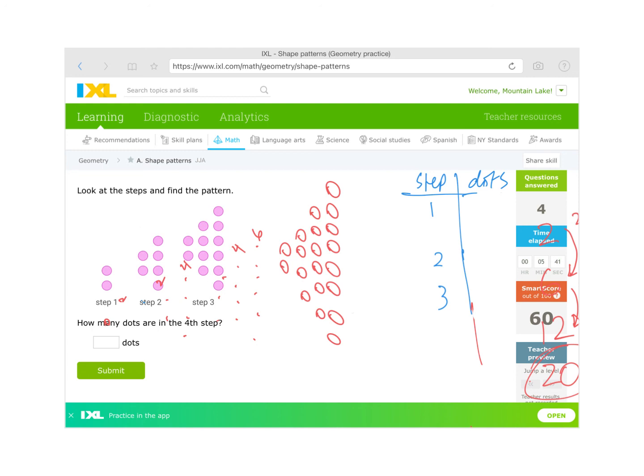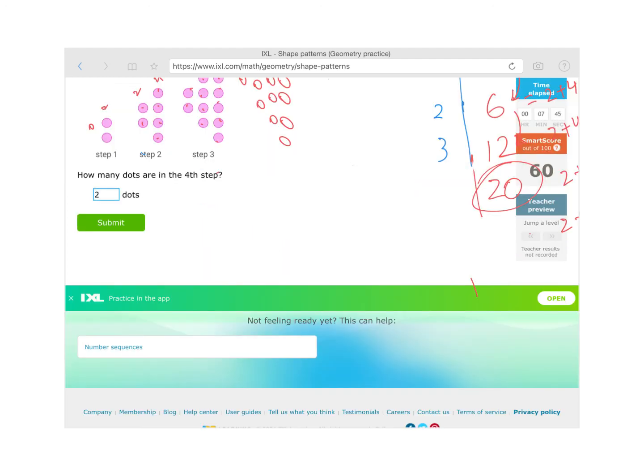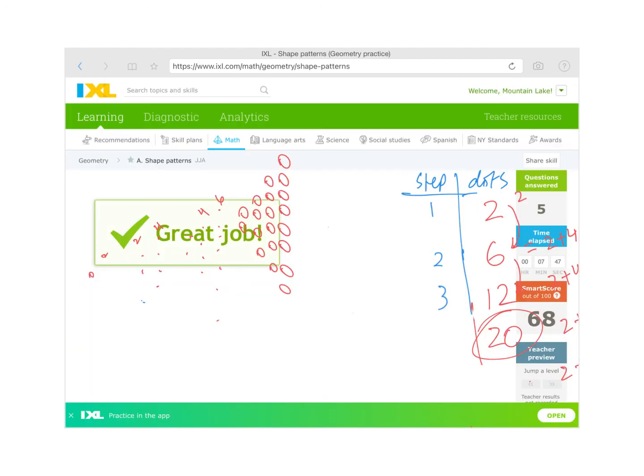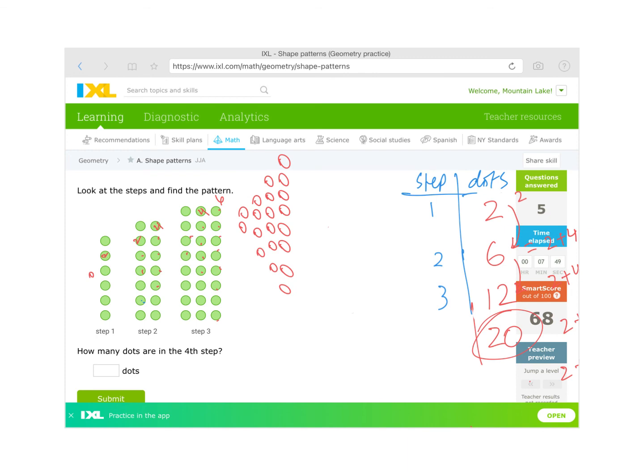And then the next one would be 2 plus 4 plus 6 plus 8 plus 10. That would be your sequence. So let's put 20 in here. And then try looking at sequences this way and seeing what the dots are representing. And good luck.